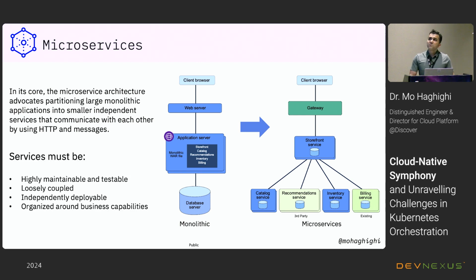By breaking down your application based on functionality, you make individual services that can communicate with messages and HTTP, and that's the very basic idea behind microservices. And again, they are individually deployable and maintainable.